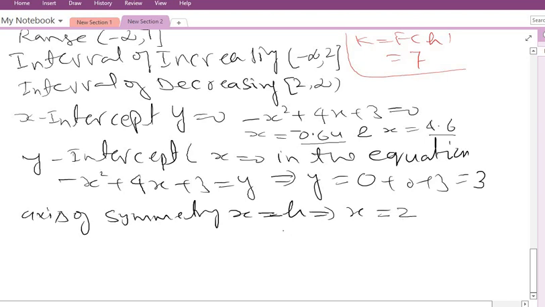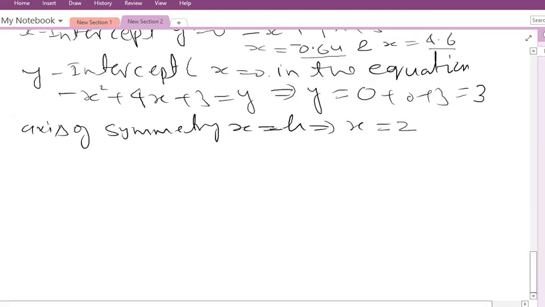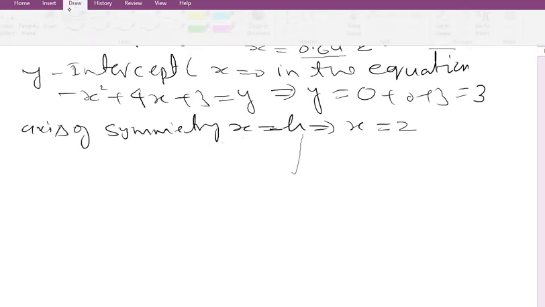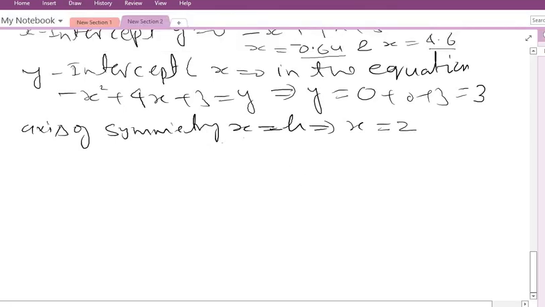Now we have almost all the points. For drawing the graph, again we need the x-axis and y-axis. Sorry, this is the y-axis and this is your x-axis. The vertex means 2, 7, so x is equal to 2, y is equal to 7.